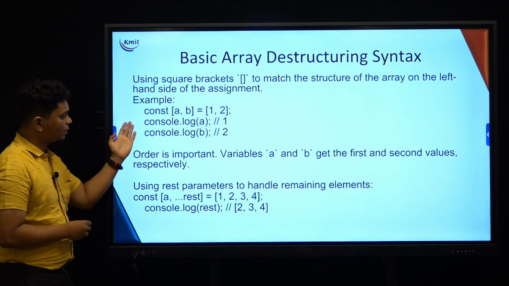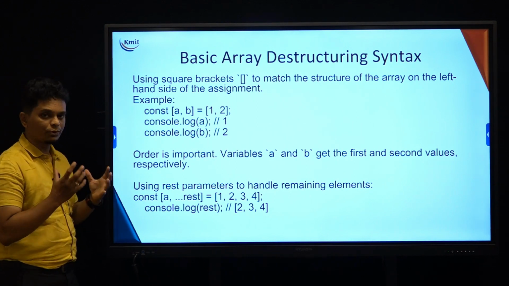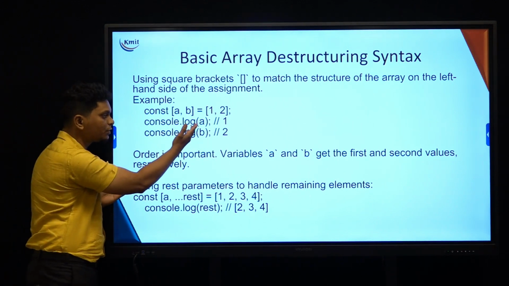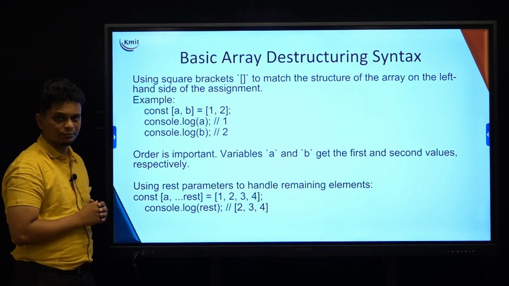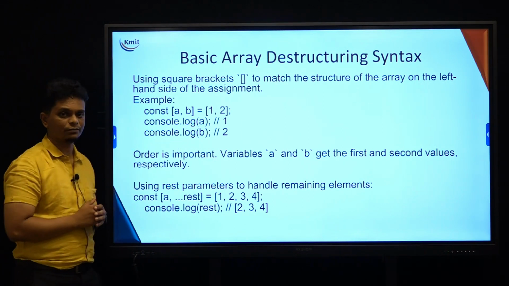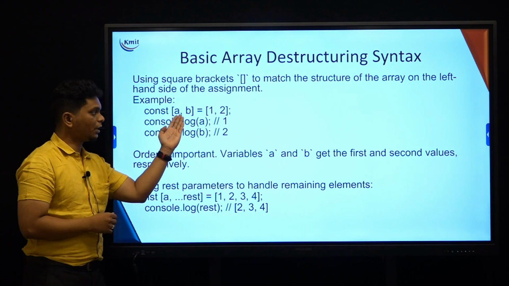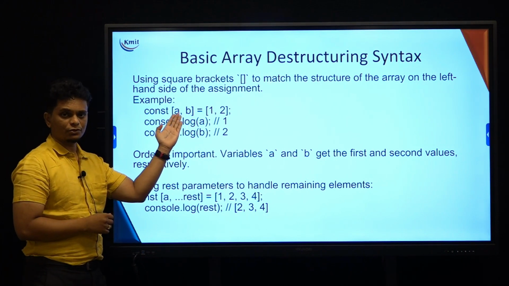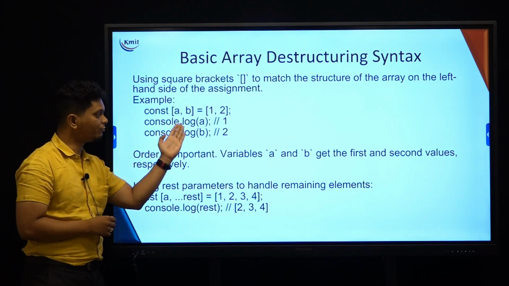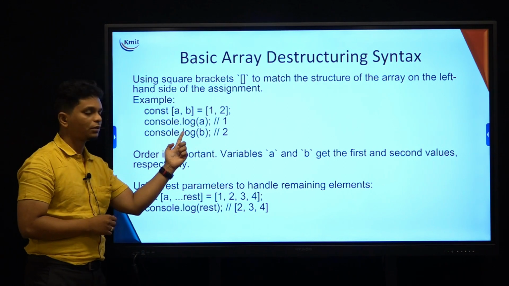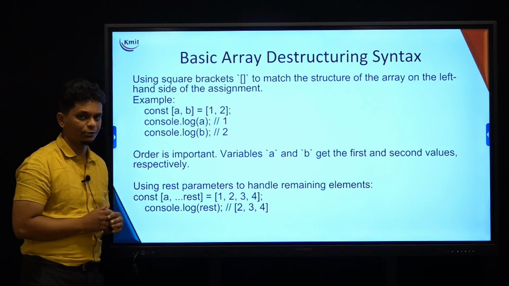So, here in this example, if you observe carefully, we have individually tried to print A and B. So, this is destructuring. A and B were in a structure and we have destructured it by individually printing their respective values.